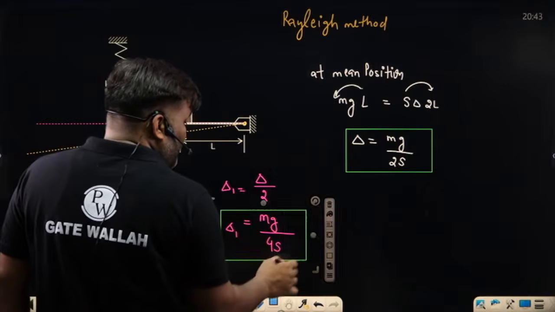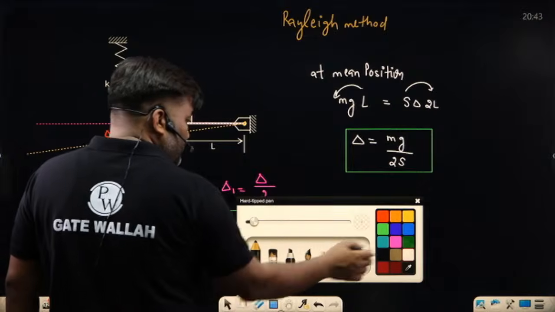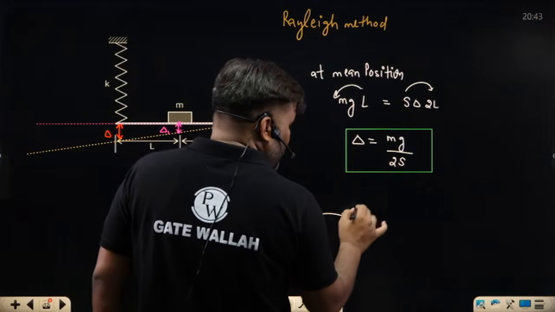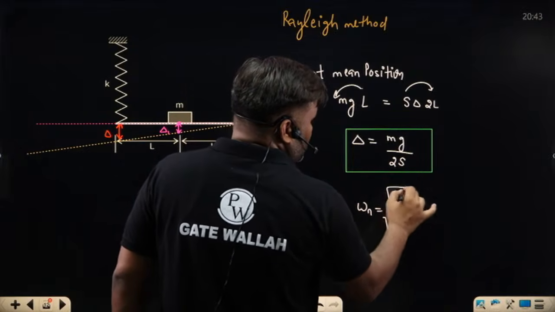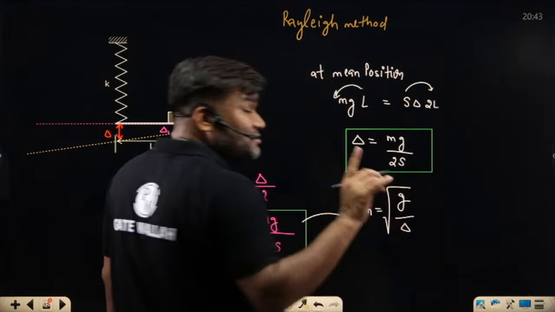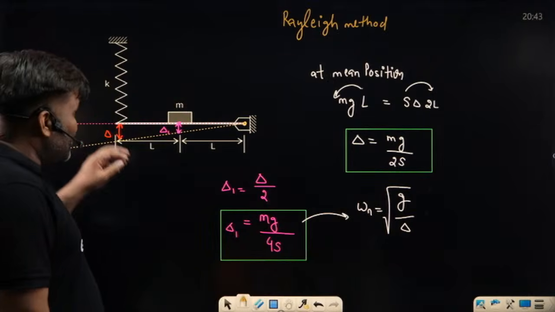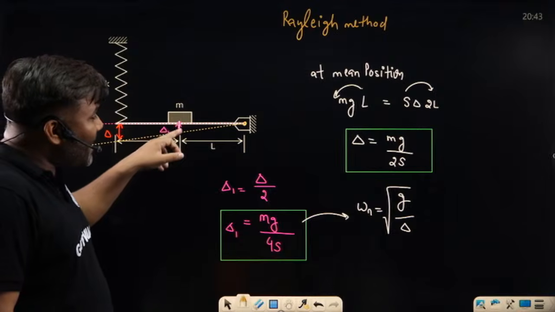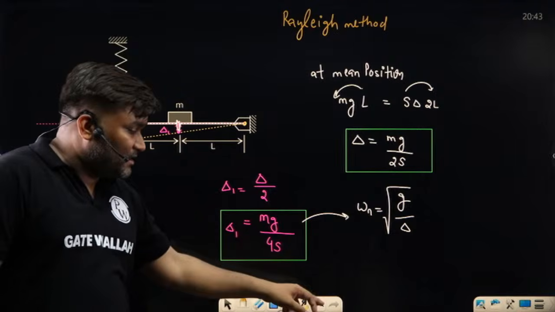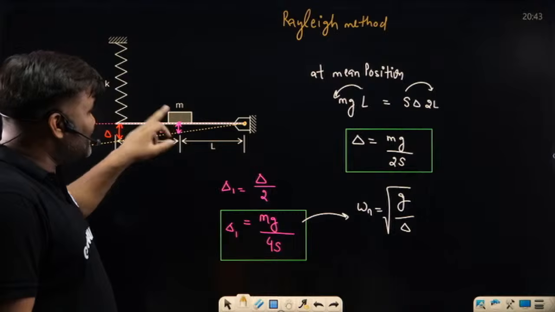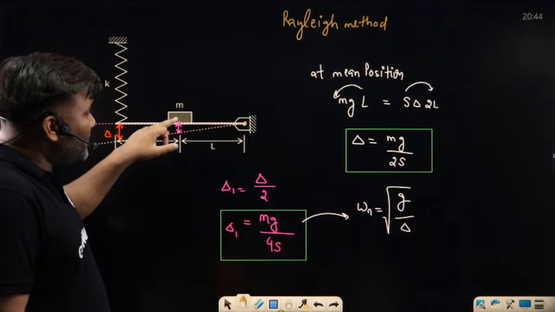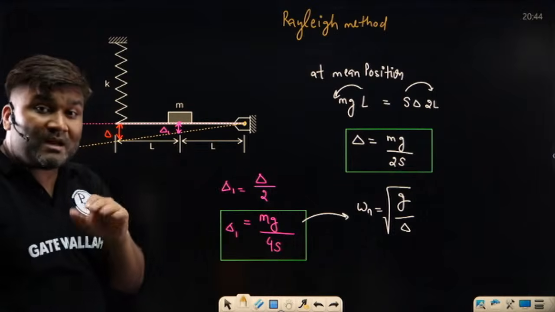This value you have to put in the formula omega n is equal to under root g by delta. That's what I was saying when I said static deflection of the mass. You have to tell me that, not the spring's. In this case, the mass is somewhere else, the spring is somewhere else. So the mass's movement and the spring's deflection can be different also.